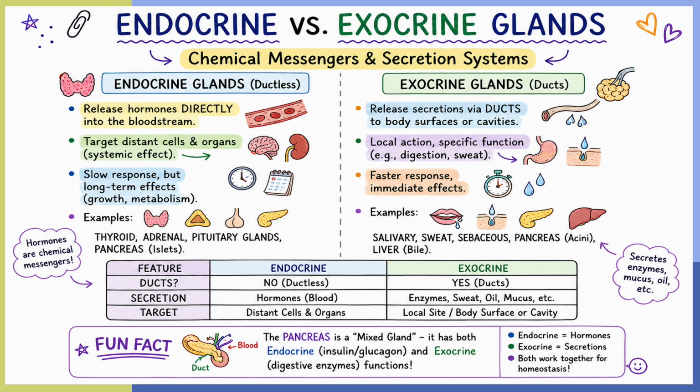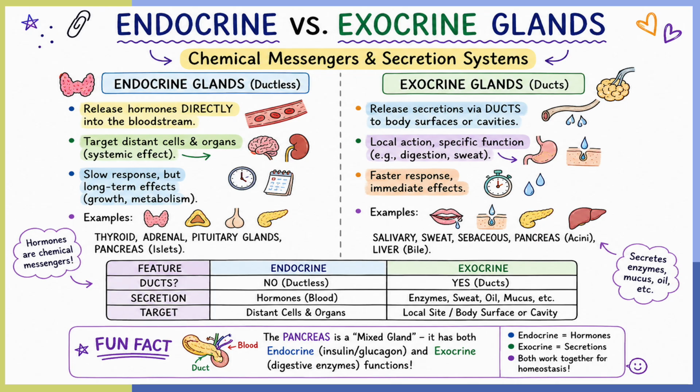Now, examples of endocrine glands include the thyroid gland, pituitary gland, adrenal gland, and the endocrine portion of the pancreas known as the pancreatic islets. Now, in contrast, exocrine glands release their secretions through ducts that carry the substances to specific body surfaces or cavities.